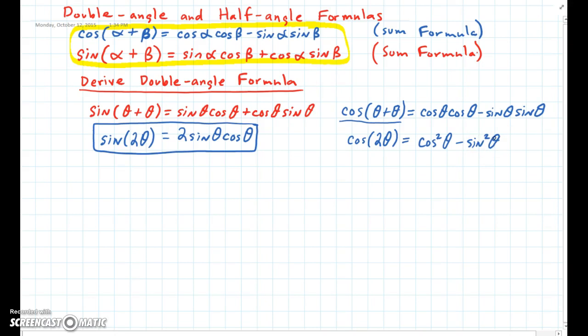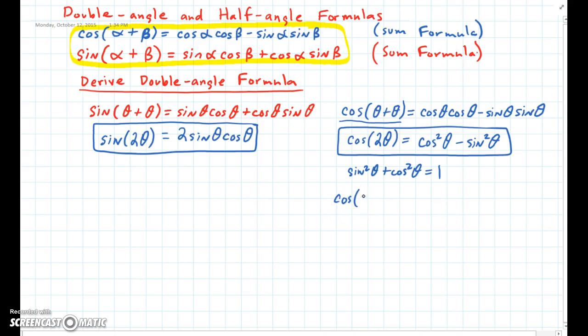That is the double angle formula for cosine, and there are some variations of it. Because sine squared theta plus cosine squared theta equals 1, we can substitute.